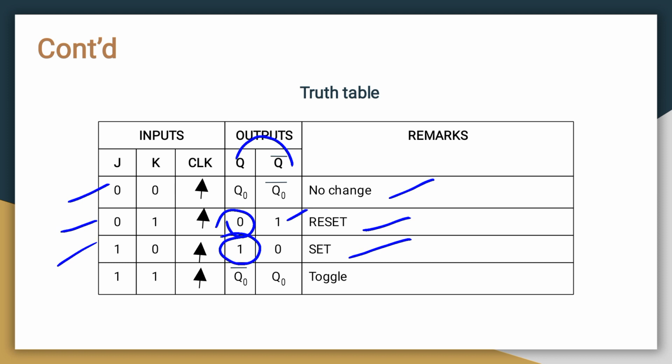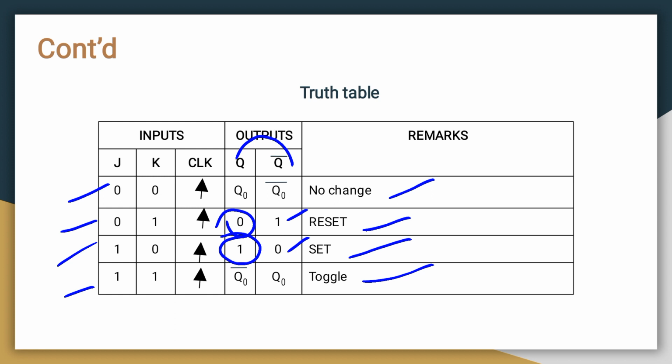The complement of it is 0. So next the condition is 1 1. For 1 1 on a rising edge, it will toggle. Toggle means what? If the present state of the flip-flop is 1, that is set, when we apply the input JK as 1 1, it will go to 0, nothing but reset.